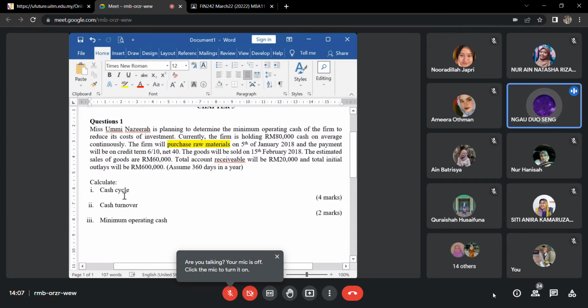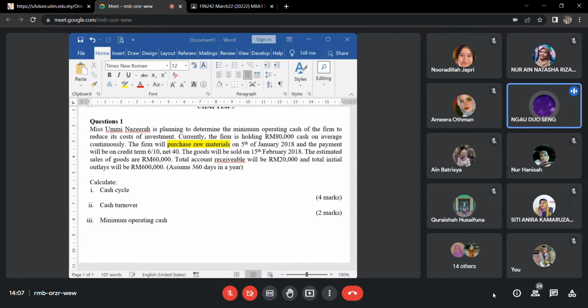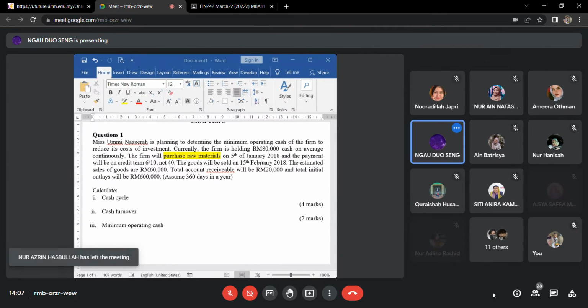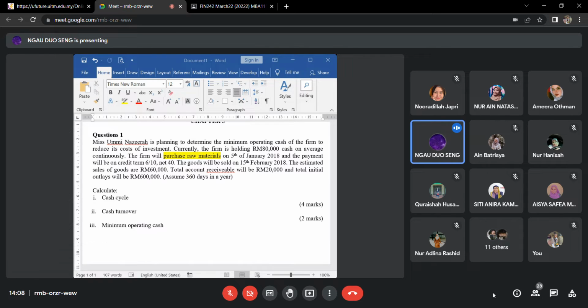So the question asks us to calculate cash cycle, cash turnover, then the minimum operating cash. So first step, we need to calculate the cash cycle. Right, so for the cash cycle, we need to copy the formula.